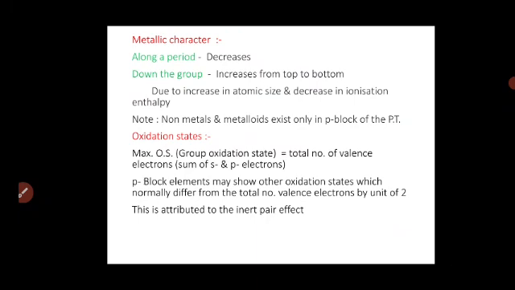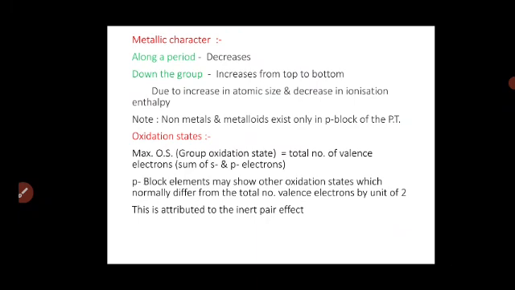So p block elements may show other than this oxidation state, that is group oxidation state, which normally differs from the total number of valence electrons by 2 units. Means it is usually 2 units less than the group oxidation state. Remember this. And this is due to inert pair effect.